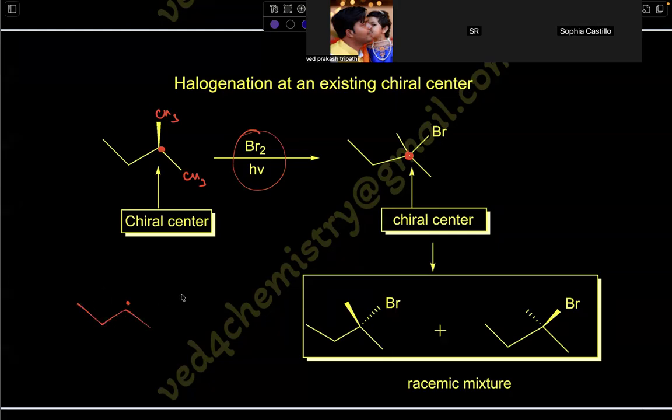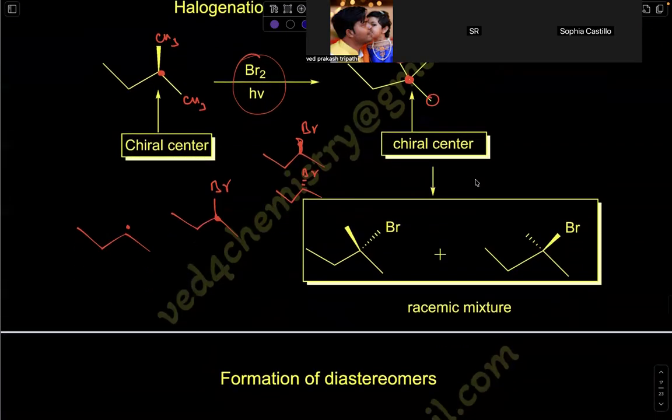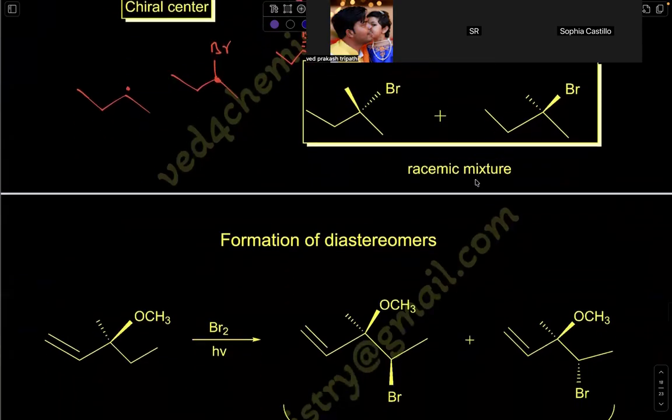This is the radical, and now you have a bromination. So this is Br. Now this is a chiral center, so you can represent one with the wedge and one with the dash like this. Clear? This is not a chiral center first of all, because this is dimethyl, and you know that any carbon can be chiral when we have 4 different groups. Make sense? Don't worry about wedge and dash. Wedge and dash is just a mode of representation.